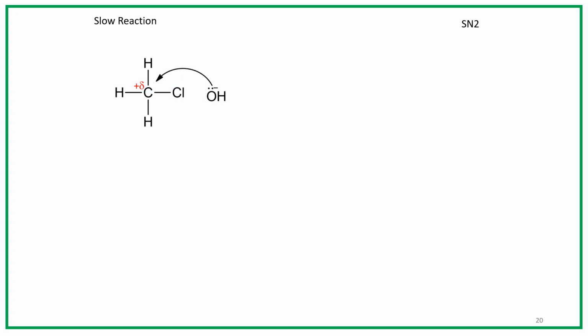Therefore, OH minus ions can attack the positive charge because OH minus is a nucleophile. It attaches to this carbon which is positively charged. Then the bond breaks and takes both electrons to the chlorine side, and OH replaces Cl. Therefore, the alkyl halide is converted into an alcohol and Cl minus leaves. So this is one example.